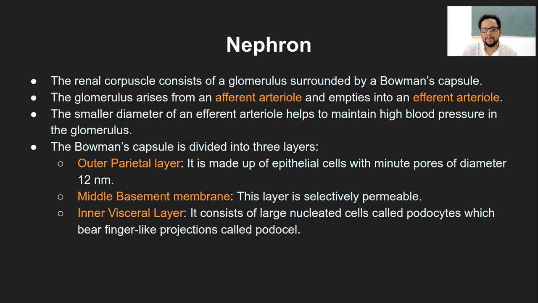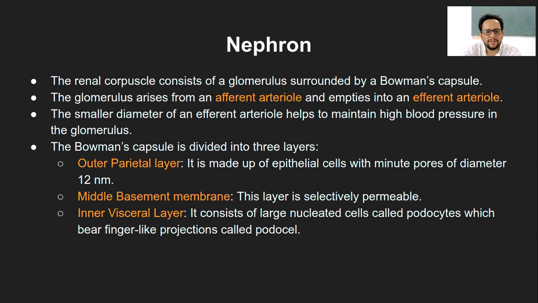So obviously the water, as in plasma from the blood, will filter out from this capillary network, and it will be received by the Bowman's capsule. This Bowman's capsule is divided into three main layers, what we know as the outer parietal layer, the middle basement layer, and the inner visceral layer.